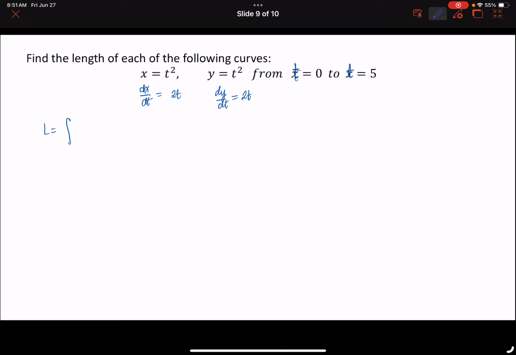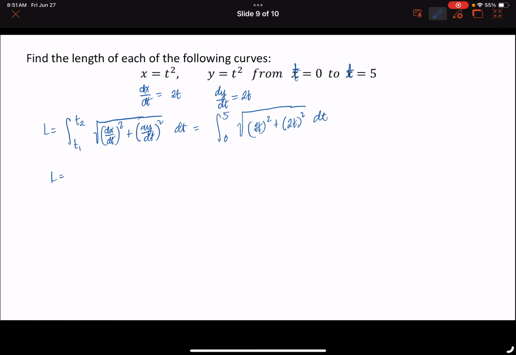The formula for the length is the integral from t1 to t2, the square root of dx over dt squared plus dy over dt squared dt. So that's the integral from 0 to 5, square root of 2t squared plus 2t squared dt.